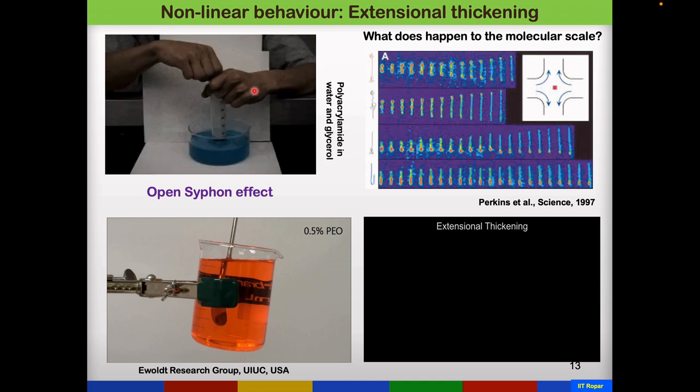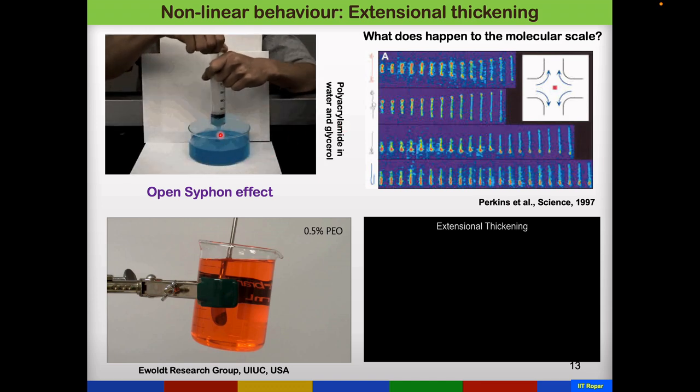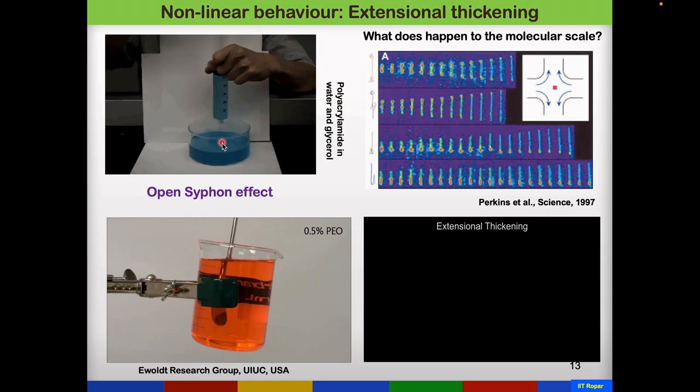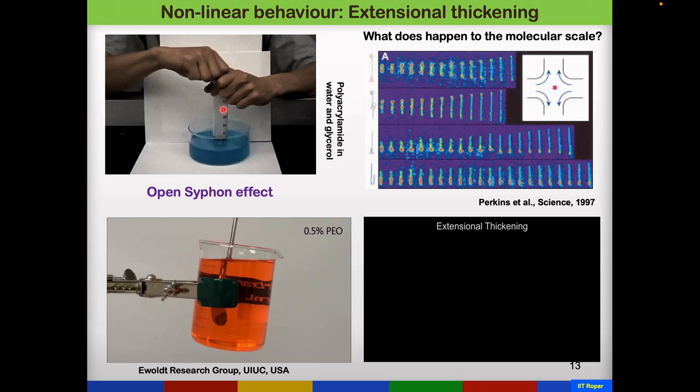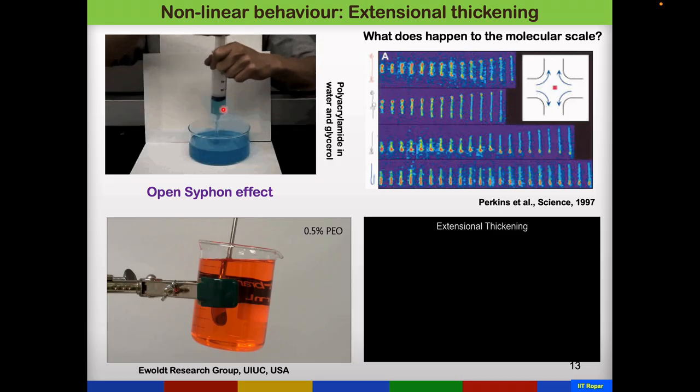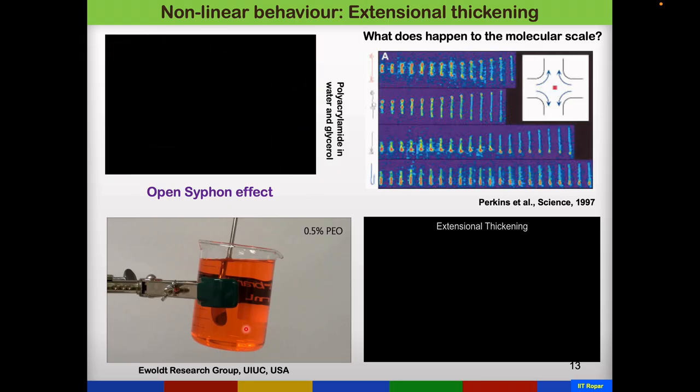This is one example, called the open siphon effect, where this gentleman is trying to draw the liquid into the syringe, and you can see that although the syringe doesn't touch the liquid surface, the liquid is still going into the syringe. This is purely happening because of the extensional thickening behavior occurring within viscoelastic fluids.